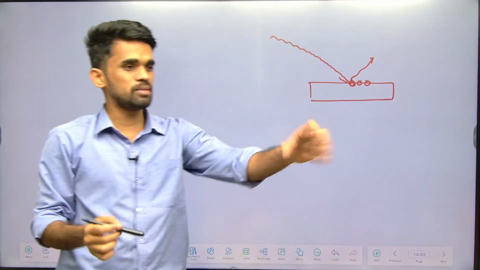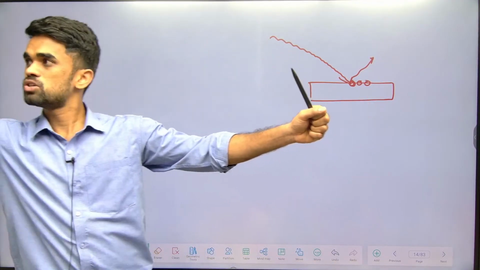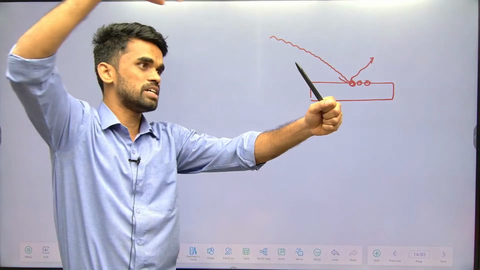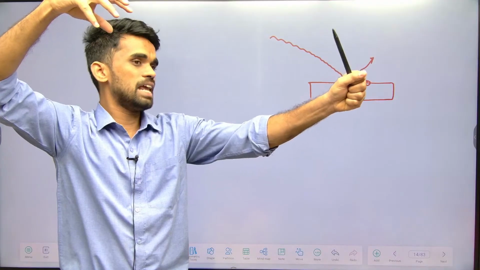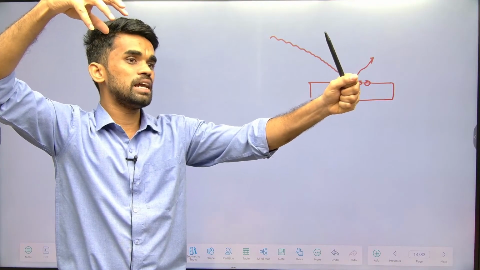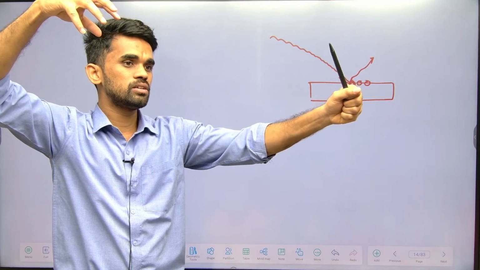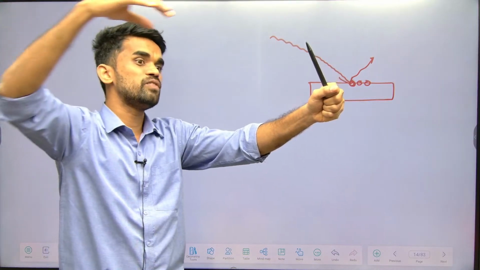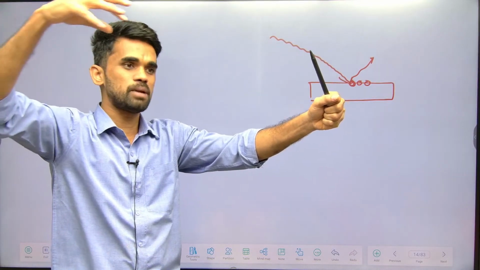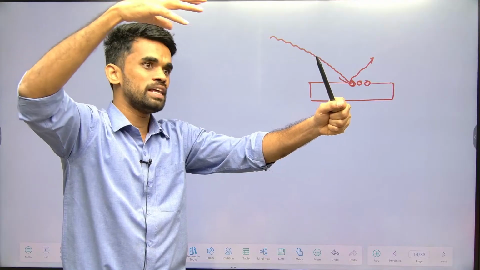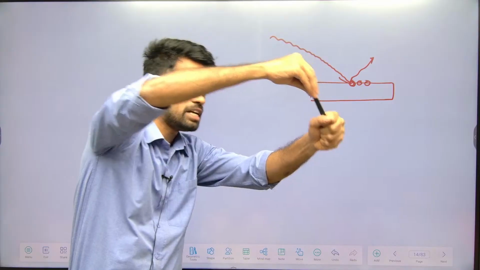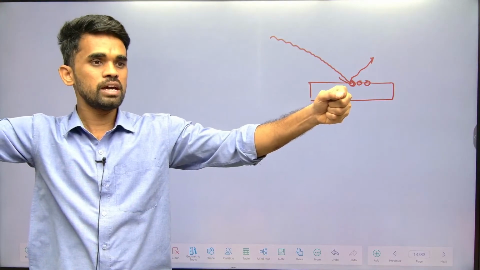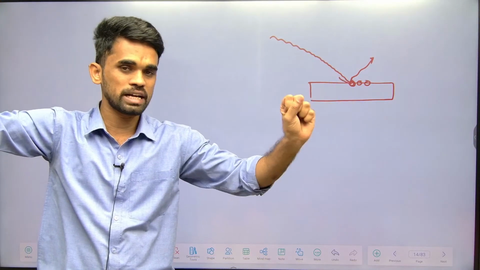See, if this metal surface has one electron with 10 electron volts of energy, and now I am supplying 15 electron volts, the energy I am supplying is more than its requirement. So it will pick out that electron. This process is called the photoelectric effect.